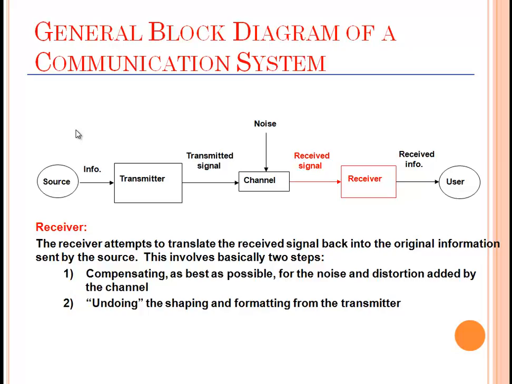This basically involves two steps. One is to compensate for the noise and distortion added by the channel, and another is to undo the shaping and formatting from the transmitter. There can be a demodulator, an analog demodulator for analog signals, or a digital demodulator.